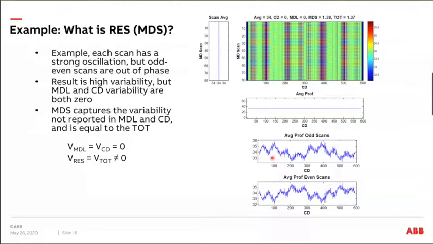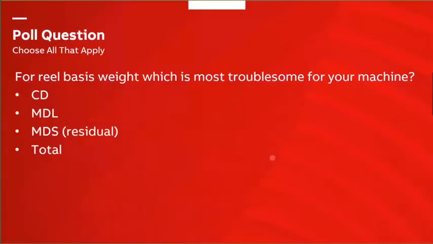And don't get me wrong, it's not just the scanner that is the contributor to MDS. Your process can contribute to the MDS too. That's one of the other things that are important to realize.